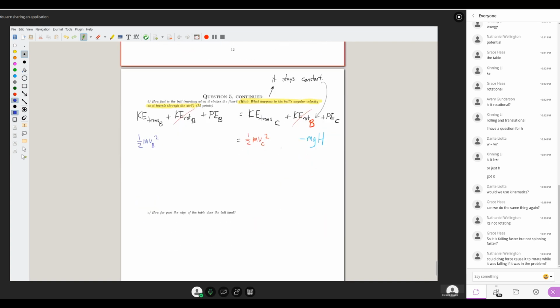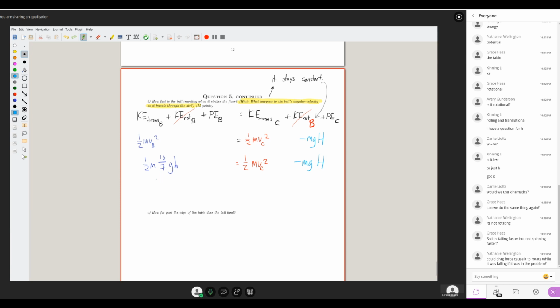So this is going to be 1/2 m times 10/7 gh equals 1/2 m vc squared minus mg big H. Okay, 1/2 times 10/7 is 5/7.